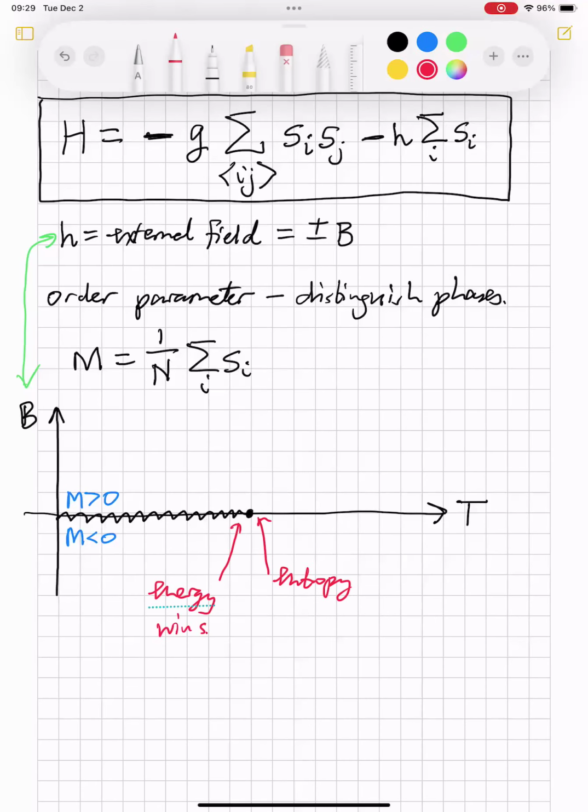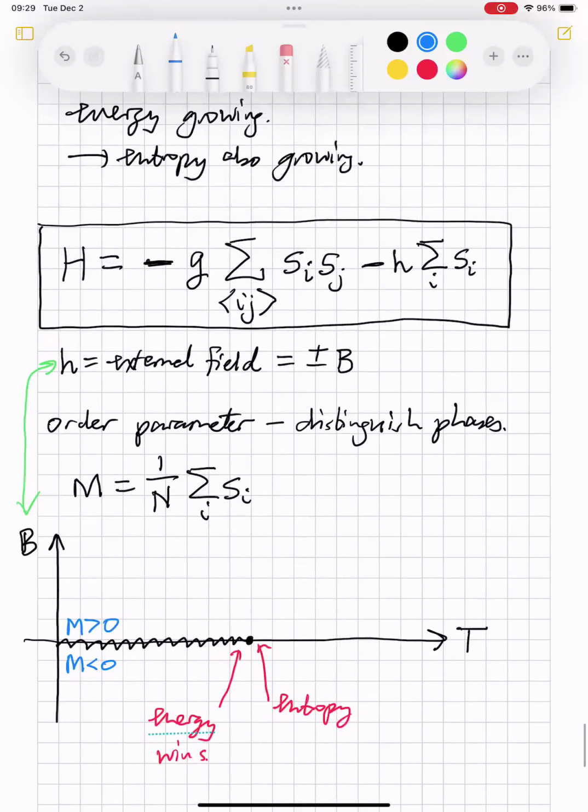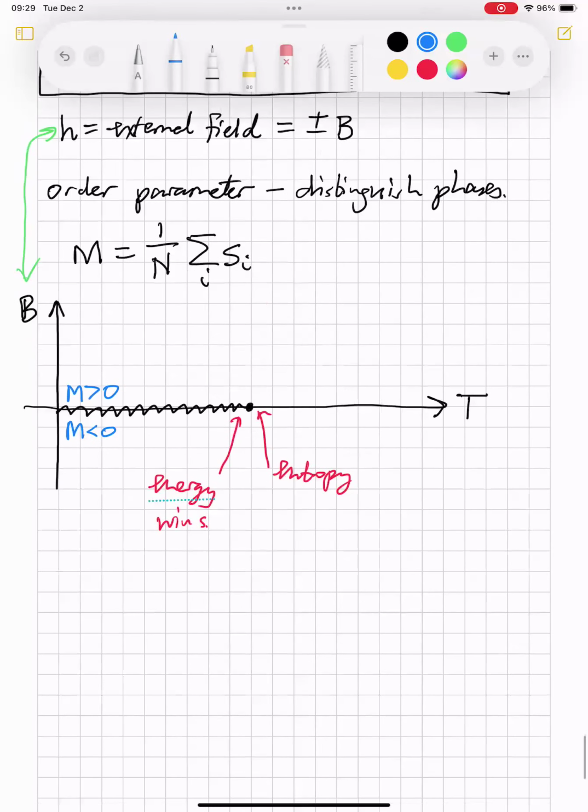So somewhere over here, where we are talking about this discontinuous value of m, in this region we would say that we have the first order phase transition, or a discontinuous phase transition. But at this point over here, we would say we have a continuous phase transition.